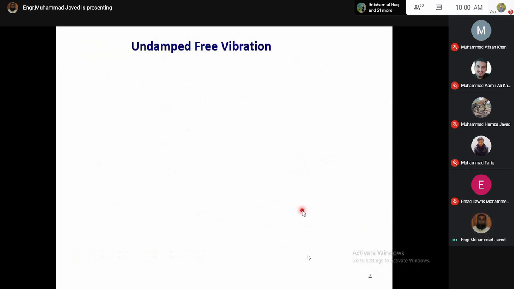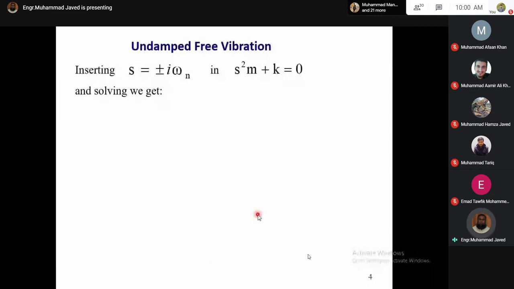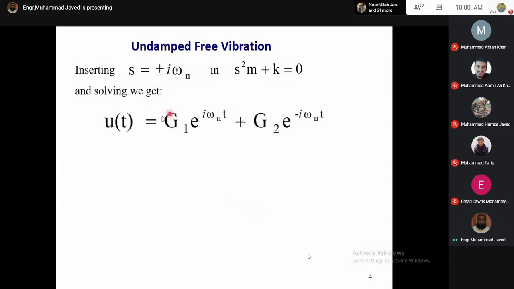Now you have determined the value of s, and if you insert this value of s in this equation and then solve the equation, I am skipping the derivation part. I am just writing the solution. We will have a solution of this type.